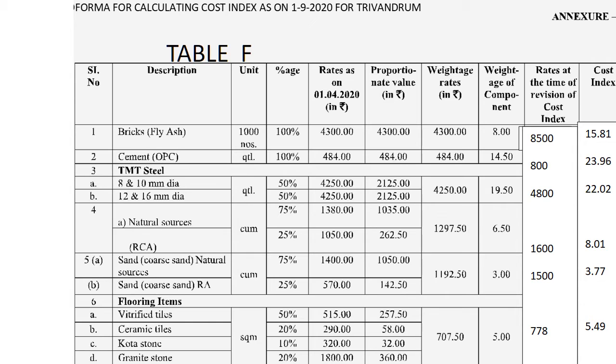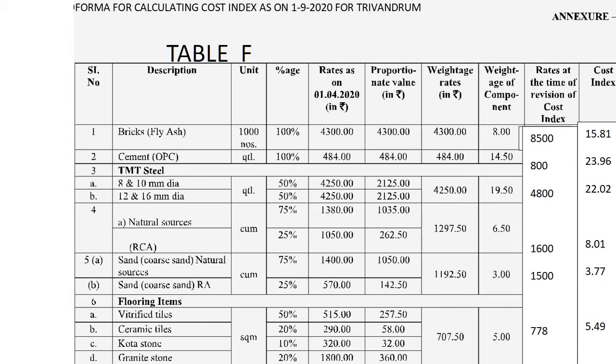We don't have the details of the cost index of different towns in Kerala for the year 2020. From this, we are working out the actual cost index in 2020. In the format, the materials required for the construction are given: cement, sand, flooring items, vitrified tile, etc.